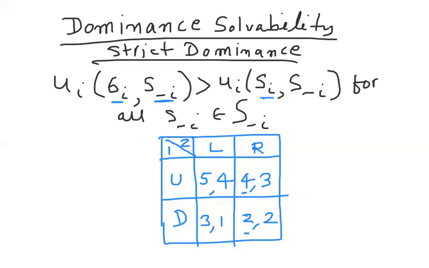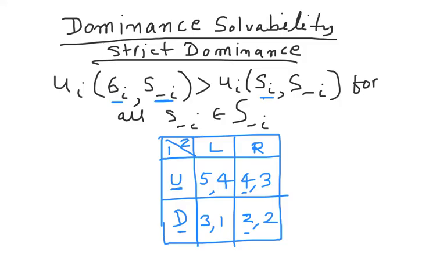So clearly 4 is better than 2. We're assuming players are trying to maximize their payoffs, right? And they are rational. So in this game, as you can see, strategy up strictly dominates strategy down, right? So that's strict dominance in pure strategies.